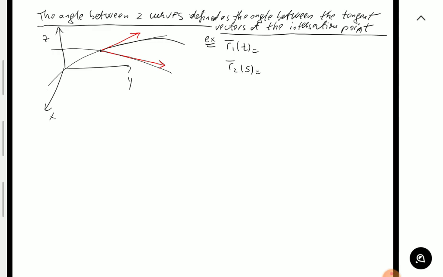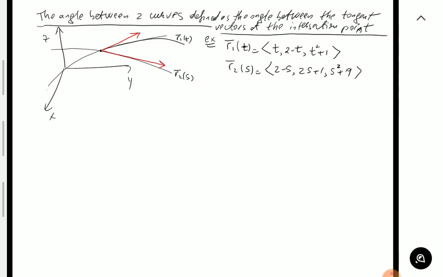So R1 of t, let's say that corresponds to this one here, is made of the components t, 2 minus t, and t squared plus 1. And R2 of s, which is the second curve here, is made of the components 2 minus s, 2s plus 1, s squared plus 9.